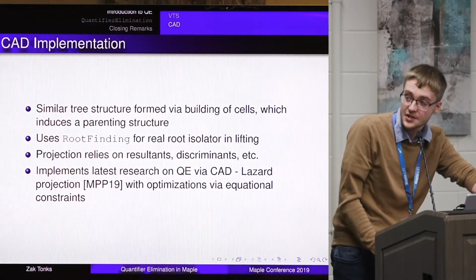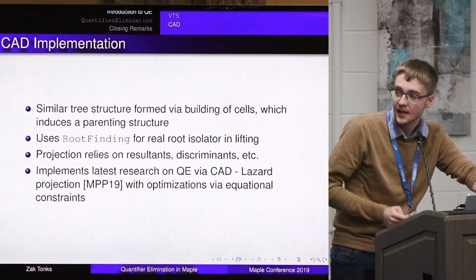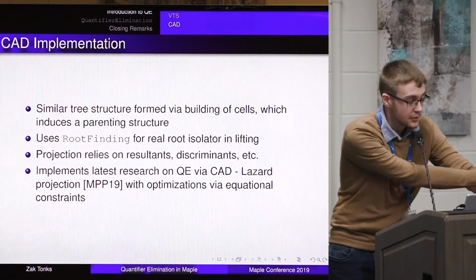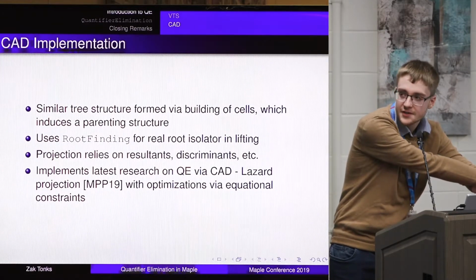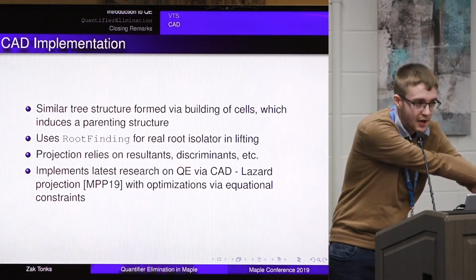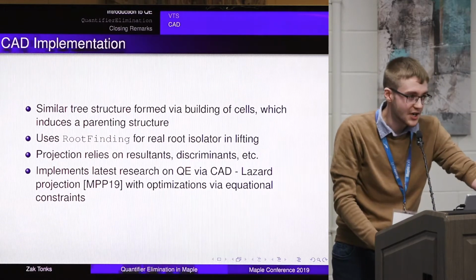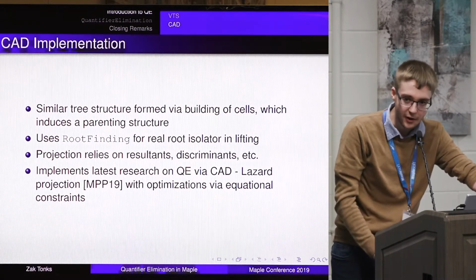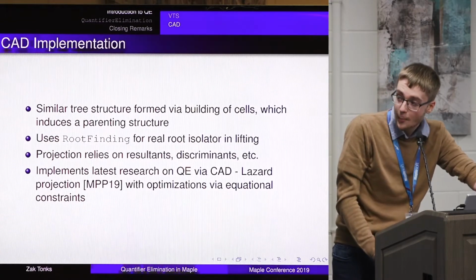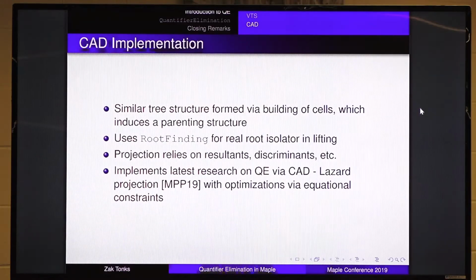And so this new implementation in particular implements some of the latest research on CAD, implements a Lazard projection, one of the first, or maybe the first, definitely the first in Maple to implement Lazard. This is the best sort of contemporary projection operator, if you like, which takes you from polynomials in k variables to k-1 variables, and in particular, it includes some tentative support for equational constraints.